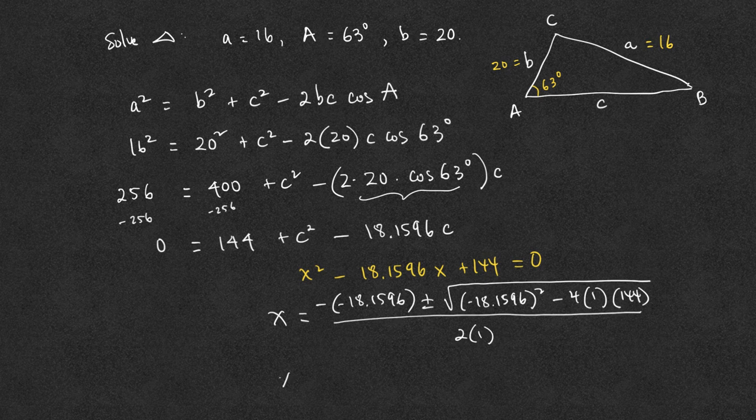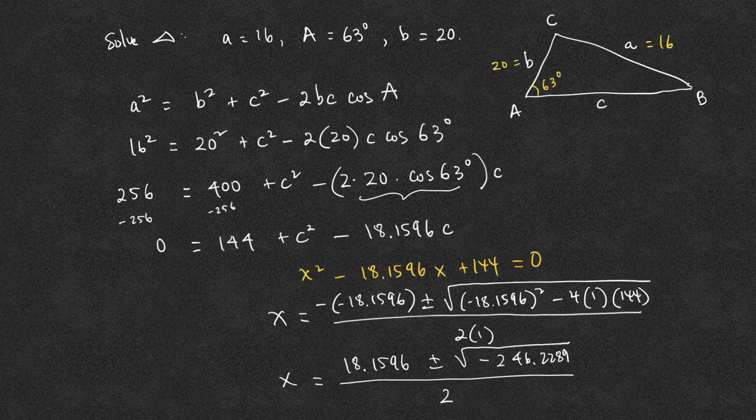We then simplify this further and get x equals 18.1596 plus or minus the square root of negative 18.1596 quantity squared minus 4 times 144, which is negative 246.2289, over 2. But we can stop here because we cannot take the square root of a negative number.